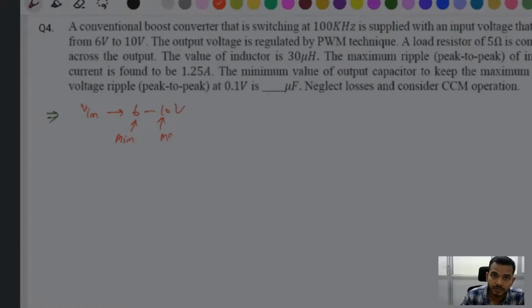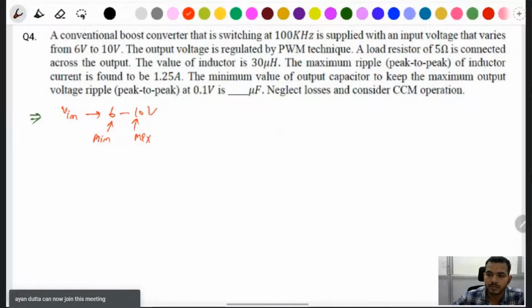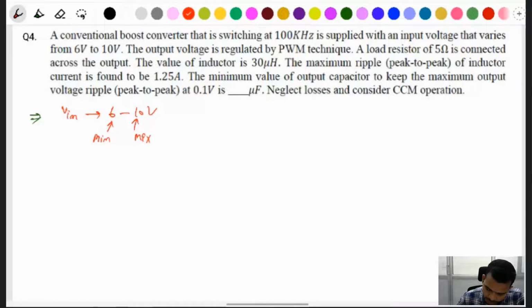This one is the minimum value, this one is the maximum. The output is regulated by PWM technique. It means the output voltage is constant. Load resistor is also given, 5 ohm connected across the output.